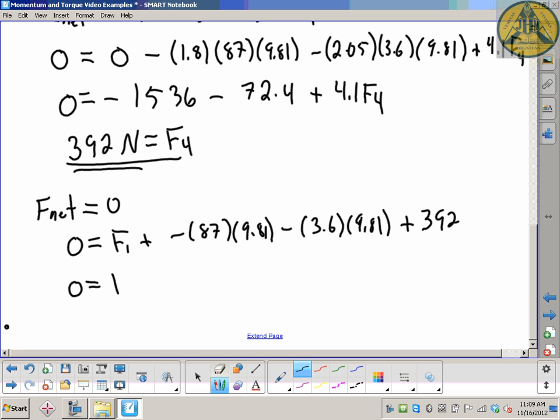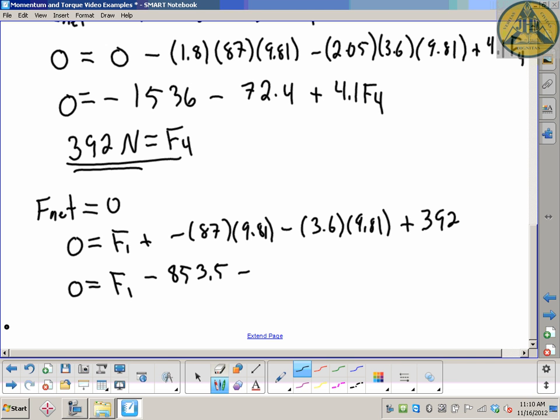So working this out, you should get 497, so we'll just make sure the numbers work. 87 times 9.81 comes out to be 853.5.